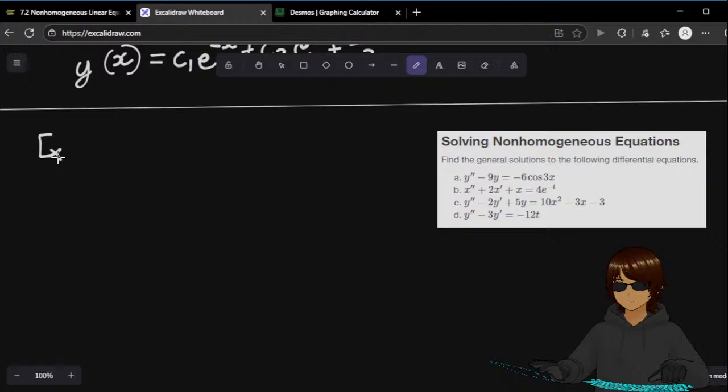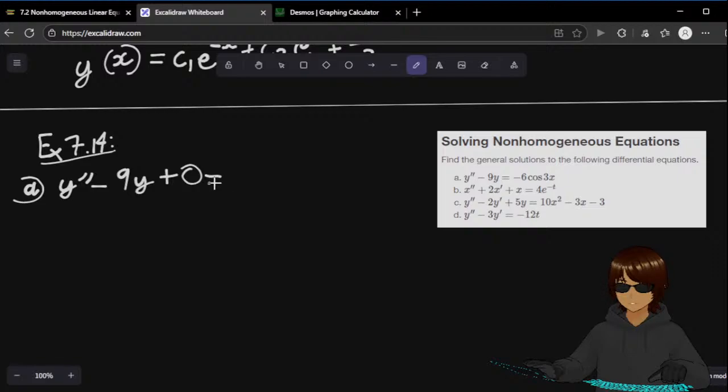Example 7.14. Okay, let's see. So we have 9y' over here minus 6 cos bx.